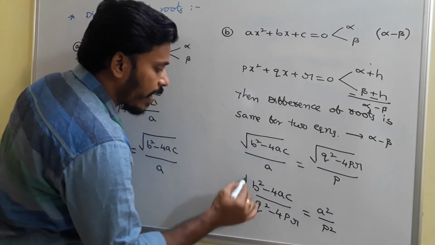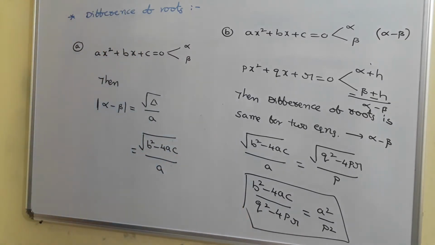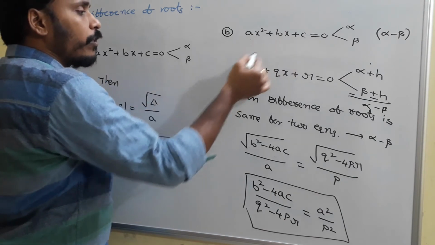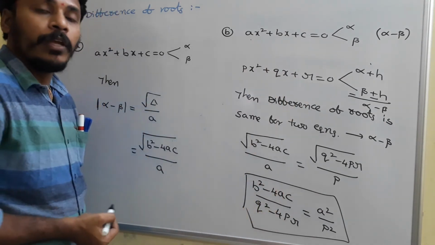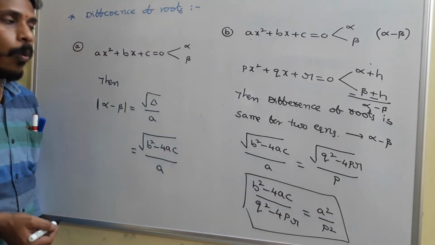This is one standard task which we use regularly. In the sense, this is one standard question related to the difference of the roots. If alpha and beta are the roots of the first equation and alpha plus h and beta plus h are the roots of the second equation, then the relation between a, b, c and p, q, r is this: (b² minus 4ac) by (q² minus 4pr) is equal to a² by p². Why does it happen?